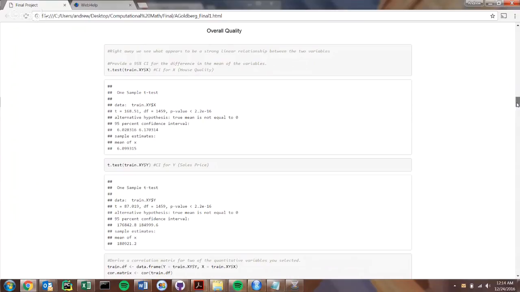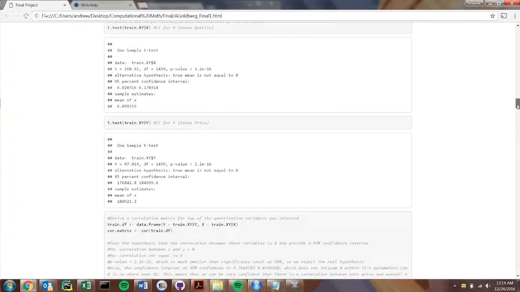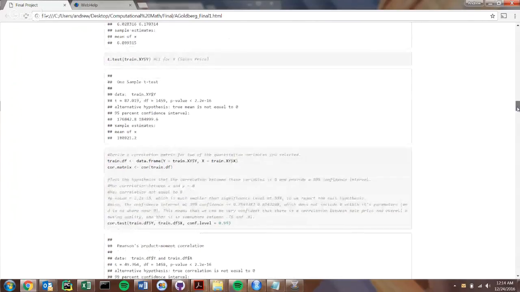If you look at the confidence interval for the Y variable, which is the sales price, we have a mean of about 180,000 at 95% confidence interval. Its lower bound is at 176,000, and the upper bound is around 185,000.